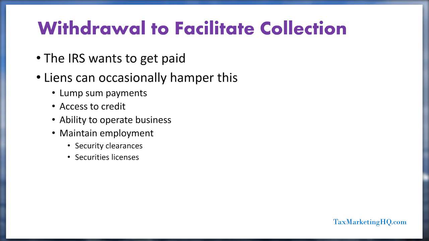Another thing where you'll see this come up is for financial services folks that have some sort of a securities license. Insurance agents, stockbrokers, even mortgage brokers. Now that there is a national mortgage broker licensing system, this can come into effect. And because those often involve fiduciary relationships between the financial service provider and their clients, the assumption again is that if the financial services professional has a credit problem, a debt problem, a tax problem, then that may impact their judgment and may lead to an increased risk of embezzlement.